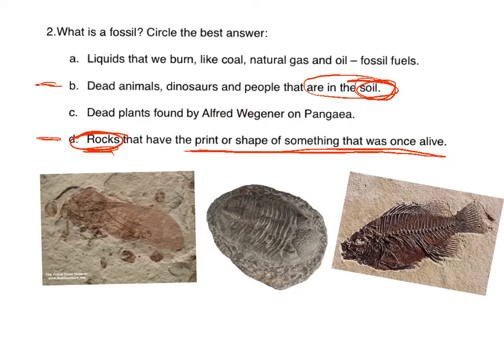And these fossils can give us lots of clues about the organisms that used to live in a specific environment. So the correct answer to question number 2 is D. Fossils are rocks, okay, not soil, but rocks that have the print or shape of something that was once alive.